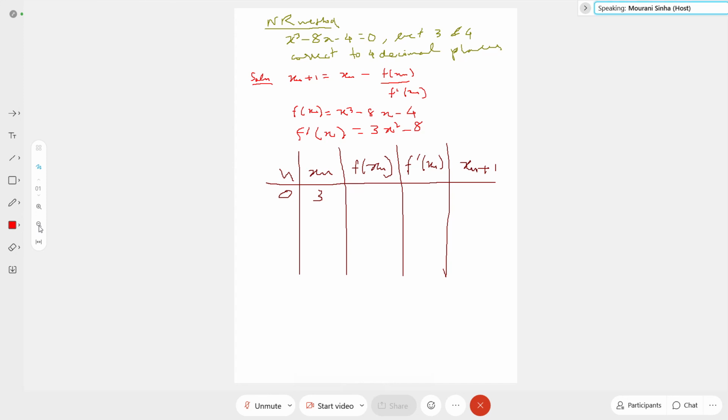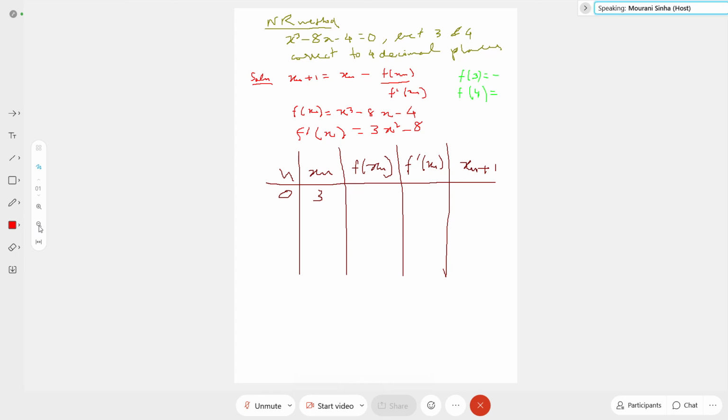You can find how much is F3 and F4 and you can check if F3 into F4 is negative. Because they have said the root lies between 3 and 4, definitely F3 into F4 will be negative. But you can check it and keep it. So can you tell me what is the value of F3 and F4 before we begin the computational table? Yes, F3 is -1.